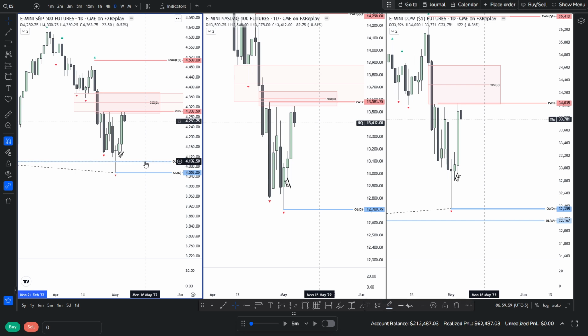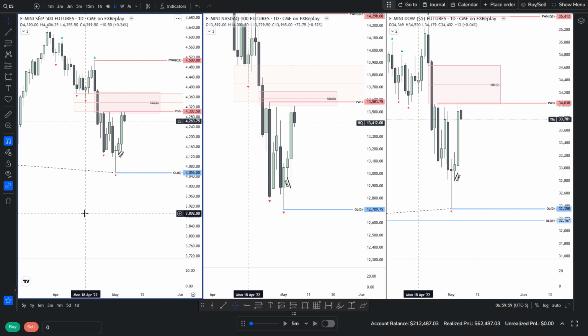I'm going to get rid of that now. Don't need that. Okay, and we've got these relative equal highs, which I think are going to be traded to. So ERL to IRL.